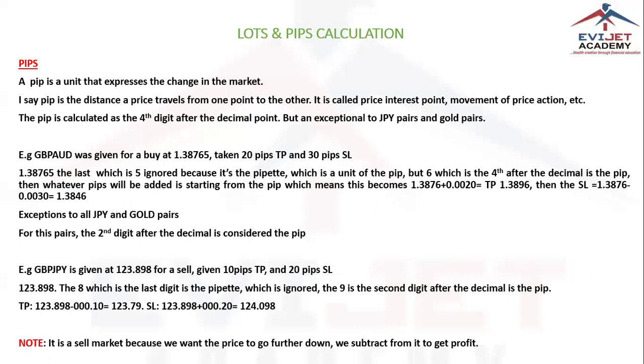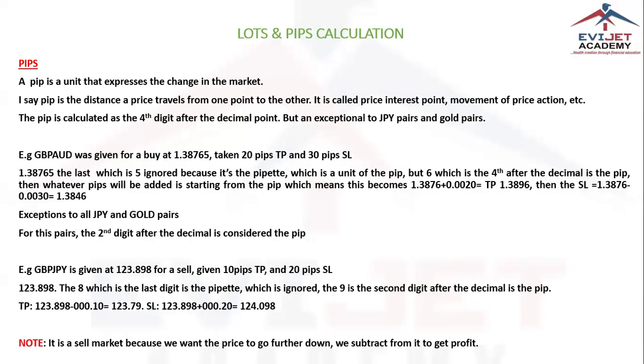with an exception of JPY and gold pairs. Now, every currency has 5 decimal places in the price. The fifth one is regarded as a pipette.